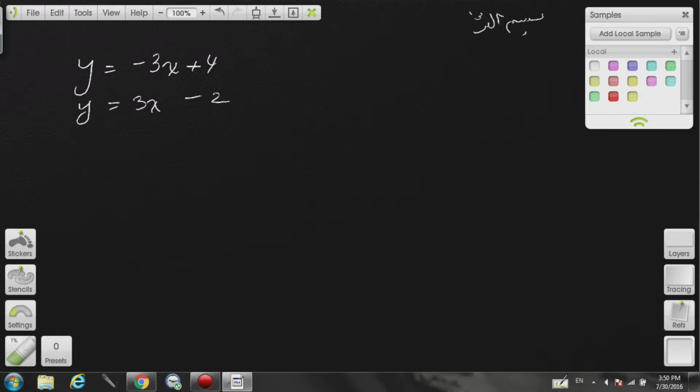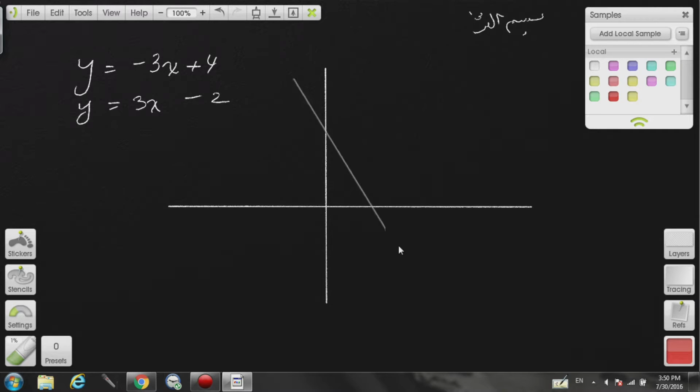So if two lines intersect, not necessarily these two lines, but if two lines intersect like this, the point of intersection is the only point that is common to both of them.